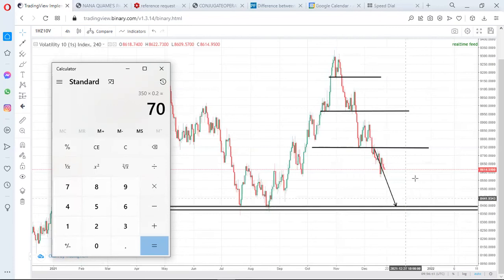Now, assuming that we place our stop loss somewhere here, it's 8881. So how do we do that?